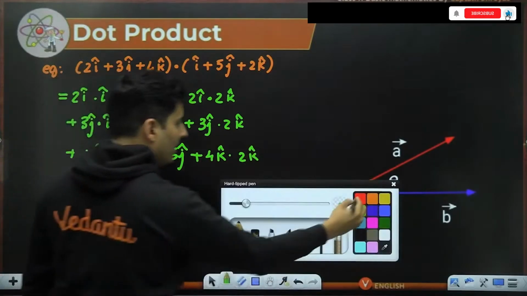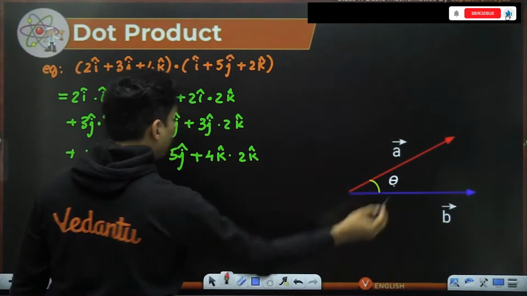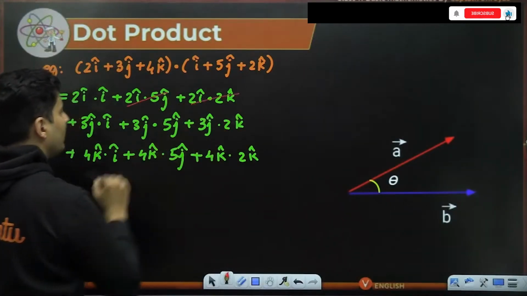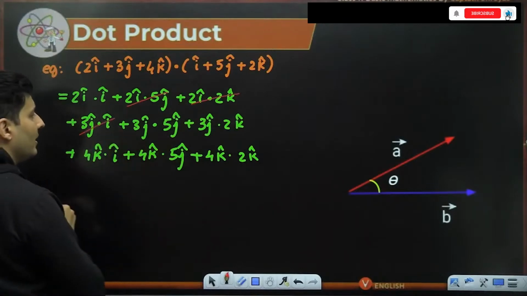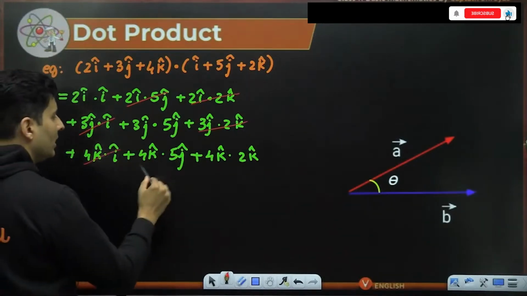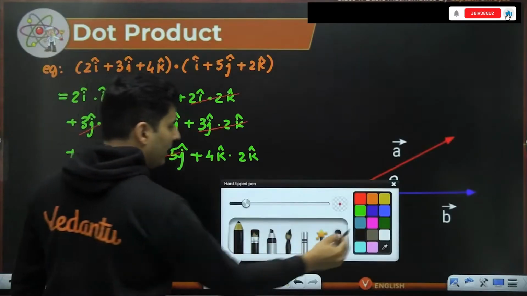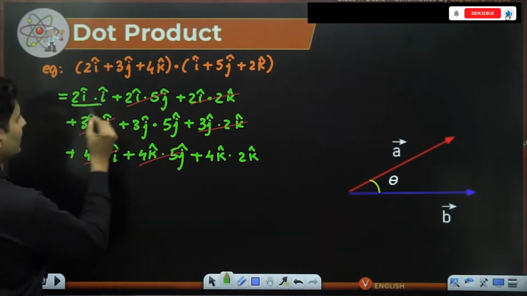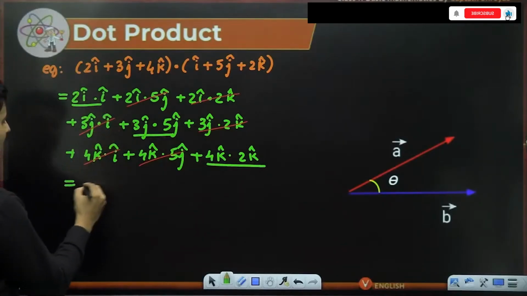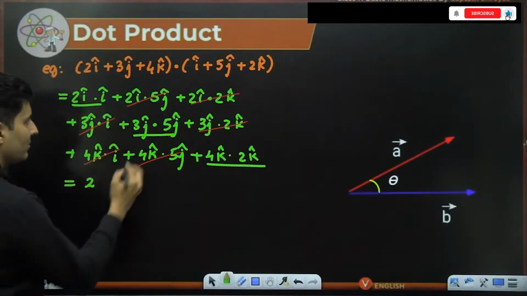But I'll tell you what, many of these are utter nonsense. Like I into J doesn't matter. I into K 0, J into I 0, J into K 0, K into I 0, K into J also 0. What remains is only this one, and this one. So 2I into I is basically 2 because I into I is 1.